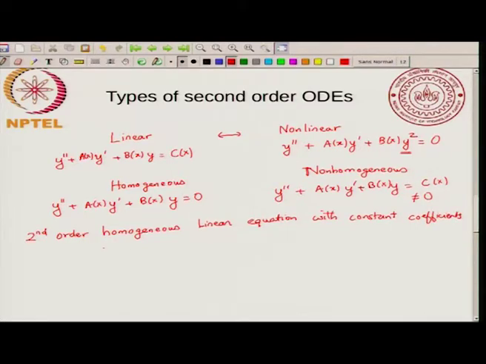So this would look like y double prime plus some constant a times y prime plus b times y equal to 0. So this is a second order homogeneous linear equation with constant coefficients. So it always helps to identify what type of differential equation you are dealing with, because for each type of differential equation there are very efficient ways to solve them.